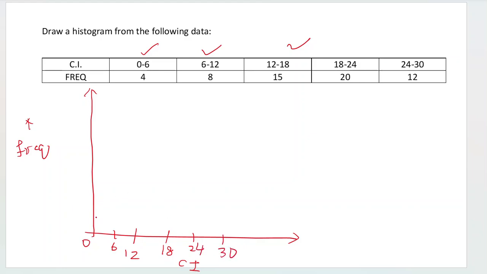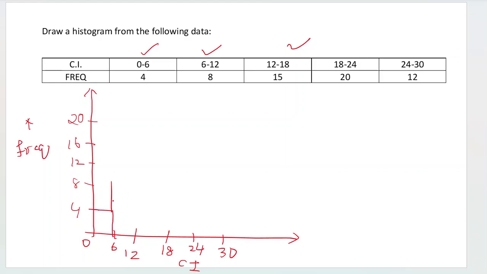For frequency we will use the 4 times table: 4, 8, 12, 16, 20.